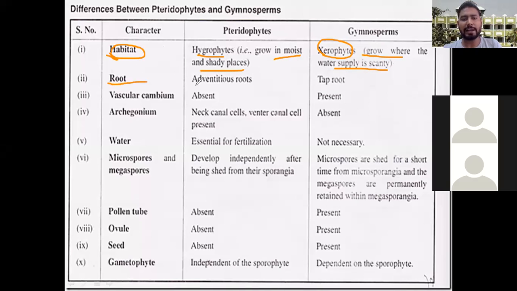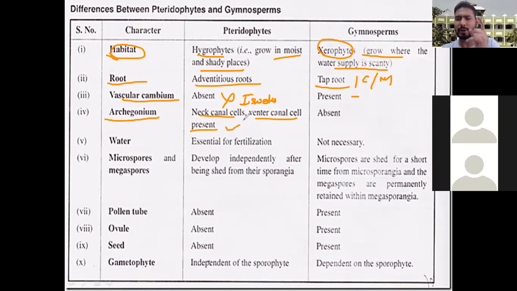Types of root: adventitious roots in pteridophytes, taproot in gymnosperms, along with coralloid roots and mycorrhiza. Vascular cambium is absent in pteridophytes, so no secondary growth. Archegonium is present in both, with neck canal cells and ventral canal cells.